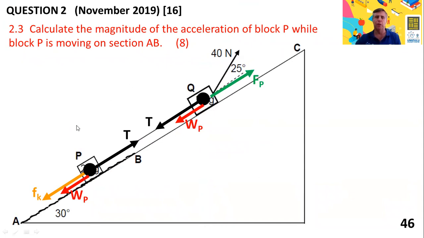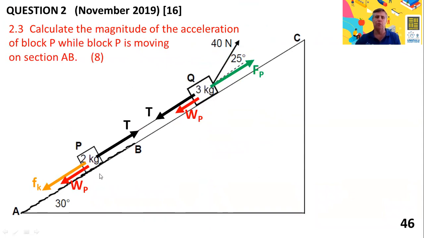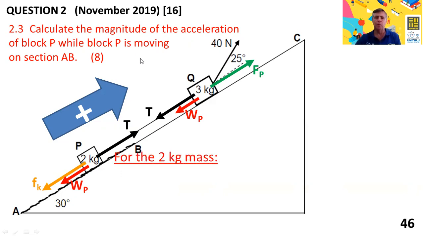So let's do it for each mass one at a time, starting with the 2 kilogram mass. And we're going to regard motion up the plane as positive. Again, you can choose either way, but we know that these objects are moving up the plane, so it makes sense to call that positive. So for the 2 kilogram mass, start with Newton's law, F net equals ma.